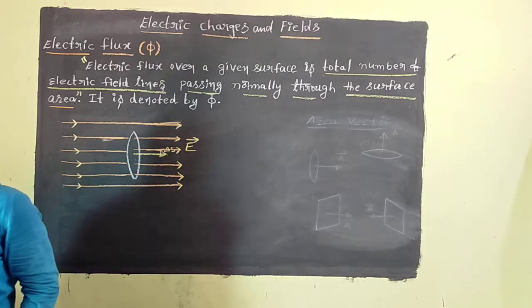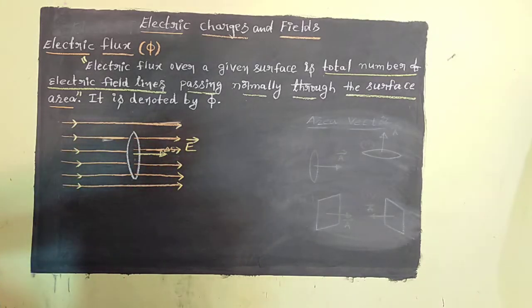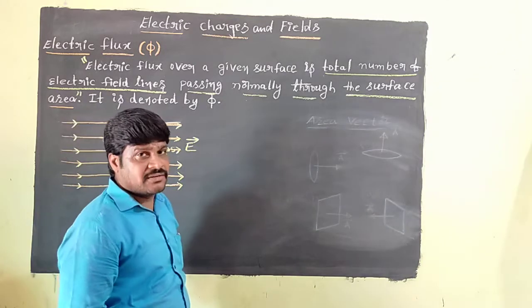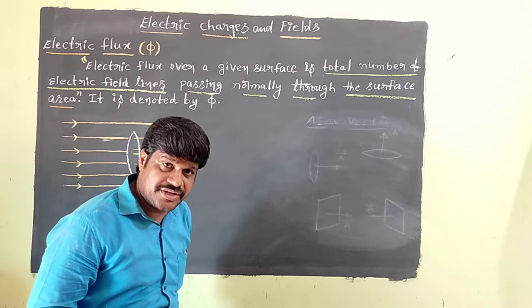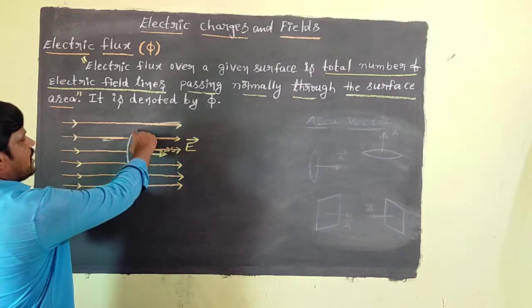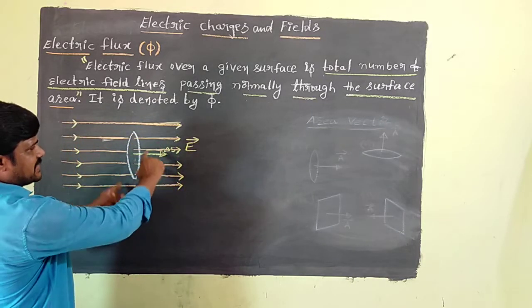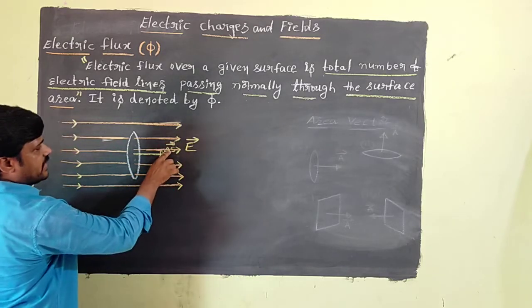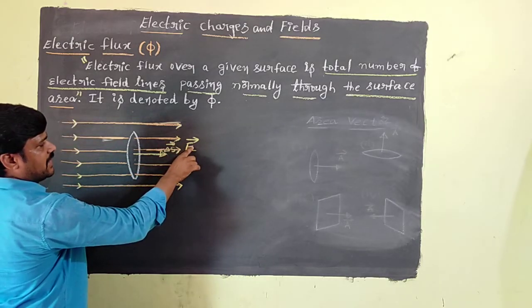And thereafter, sir, how is electric flux going to change? Suppose the area vector direction changes, electric flux also is going to change. Of course, it is going to change. For example, this area I am going to tilt a little bit like this. In this case you just see, delta S bar is the area vector and E bar is the electric field.